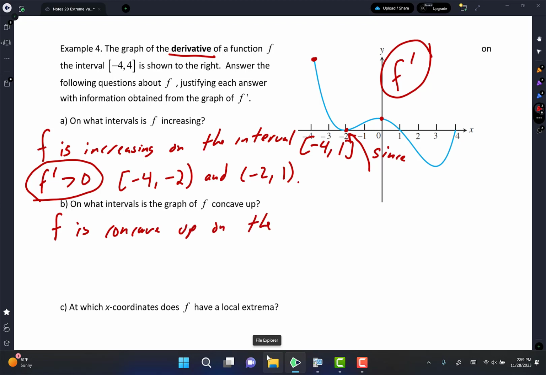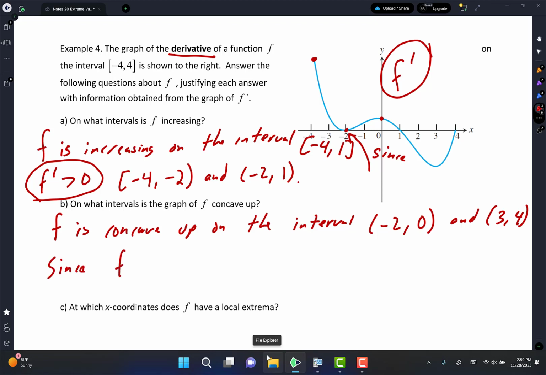Now, concavity does have open intervals. Don't put brackets on concavity, because the points of inflection are not included for concave up and concave down. So f is concave up on the interval, and you guys told me from what to what? -2 all the way to 0. Put parentheses on those. And where? 3 to 4.